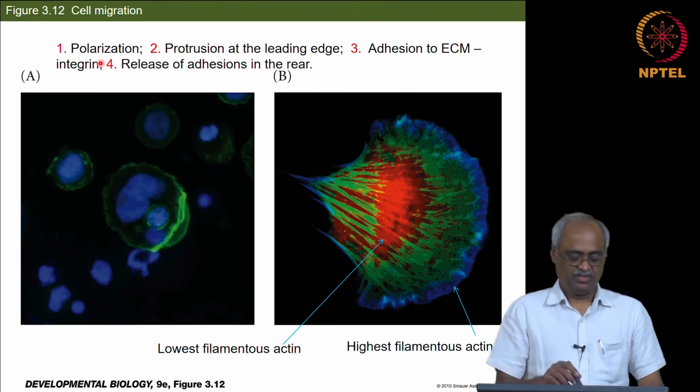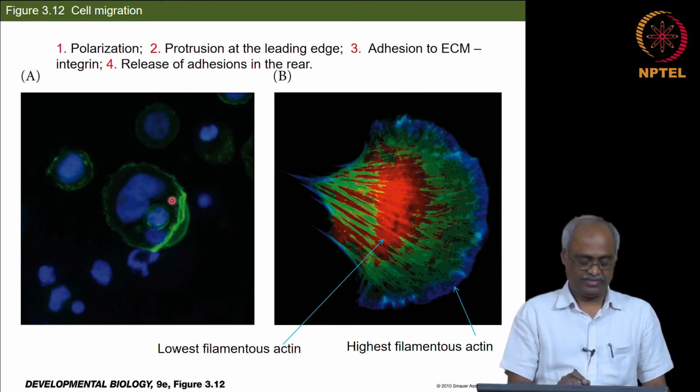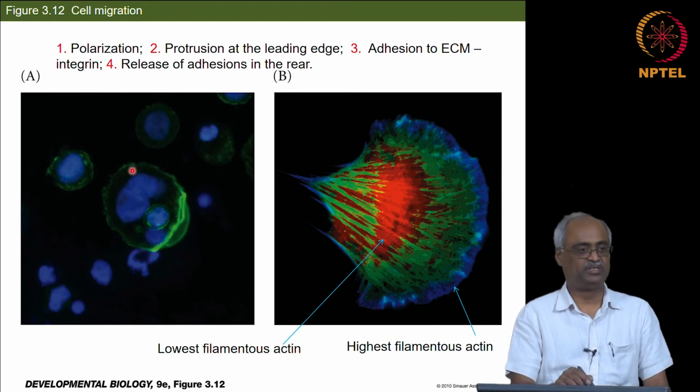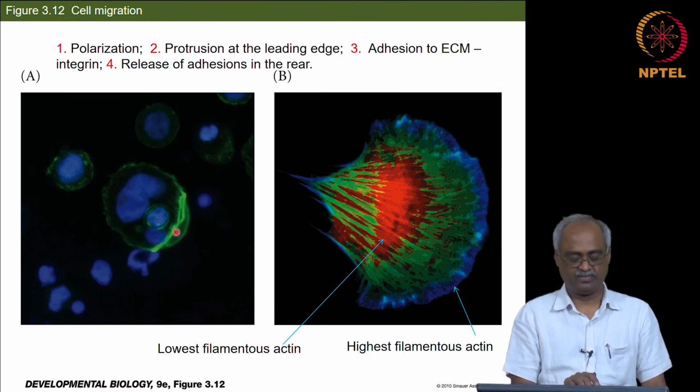brought about? It is primarily by reorganizing the actin cytoskeleton. So, this shows a polarized arrangement of actin. This side you do not have much of it, and you have actin organized into microfilaments in this. So, this is now polarized, and this is your migrating direction. Let us call this the anterior.